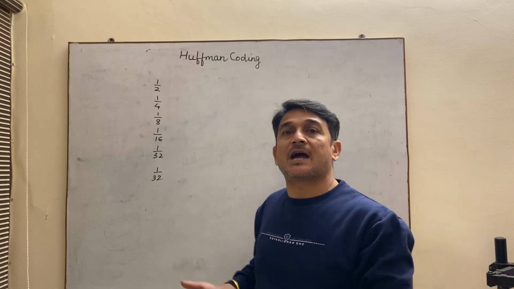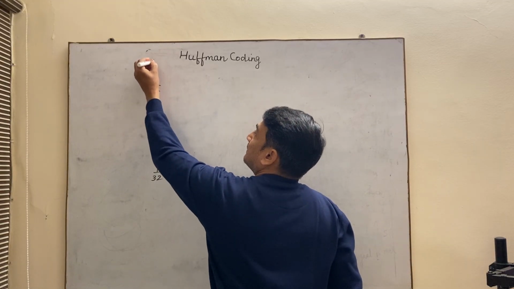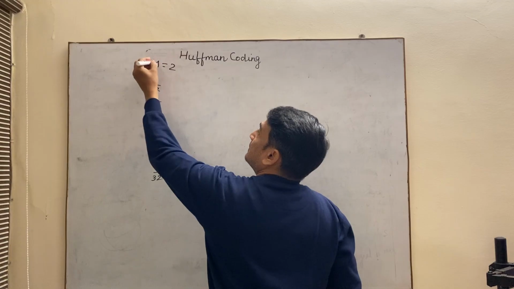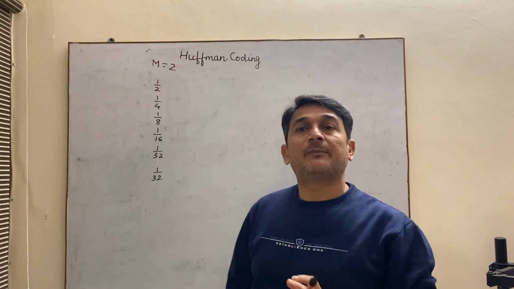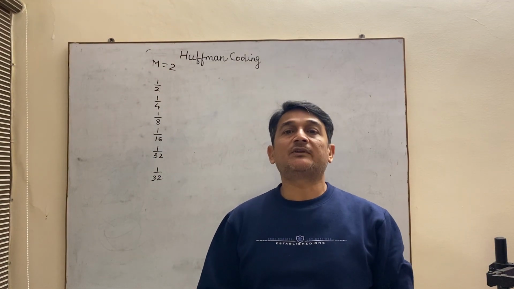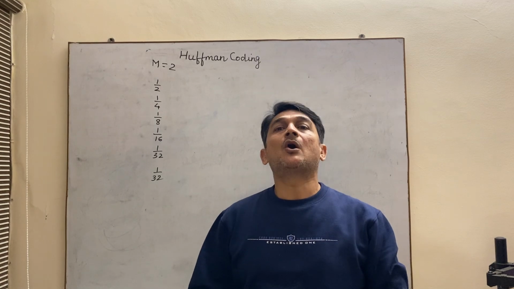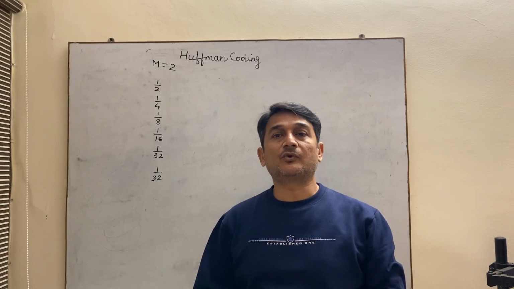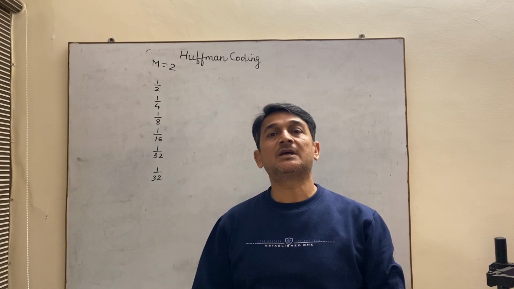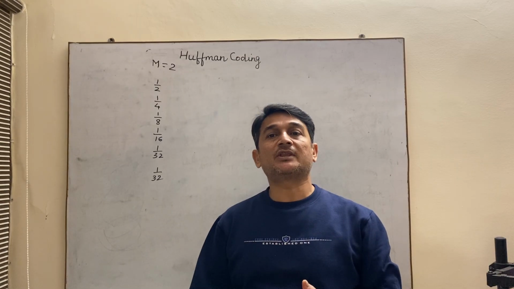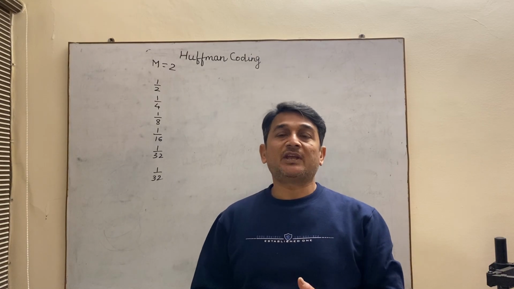So this process I am talking about when you are taking m is equal to 2. In the exam it will be given to you that you have to solve the question using m is equal to 2 or m is equal to 3 or m is equal to 4, where m is the number of symbols. That means how many symbols you have to use for the calculation of coding efficiency.